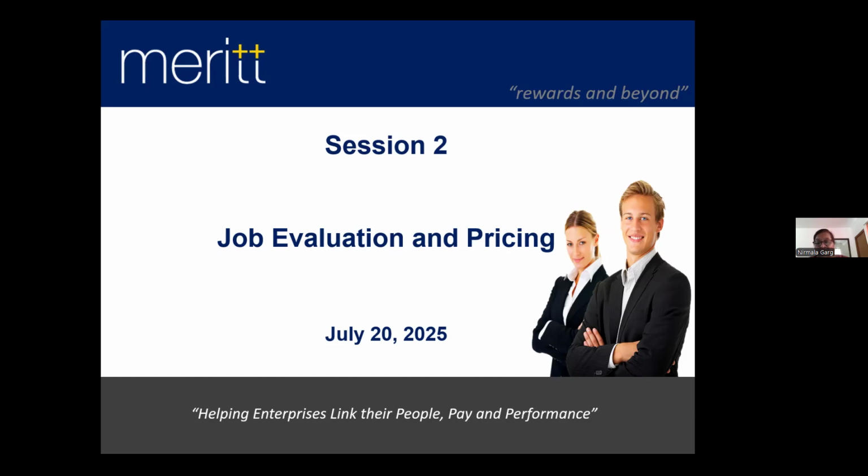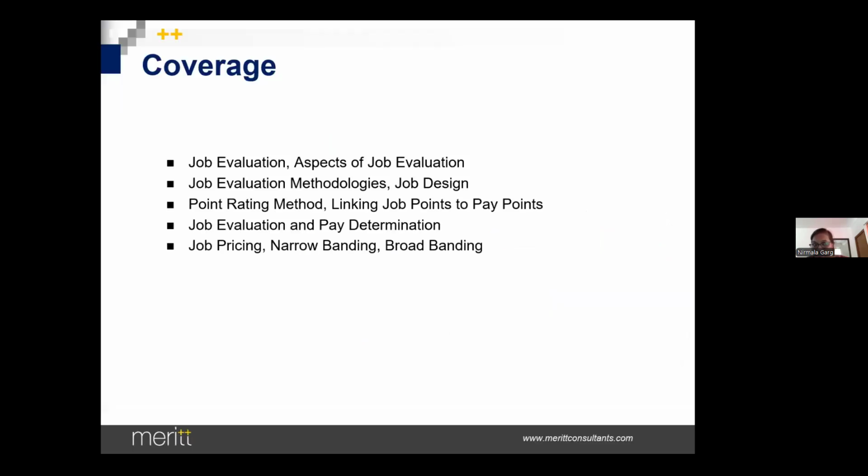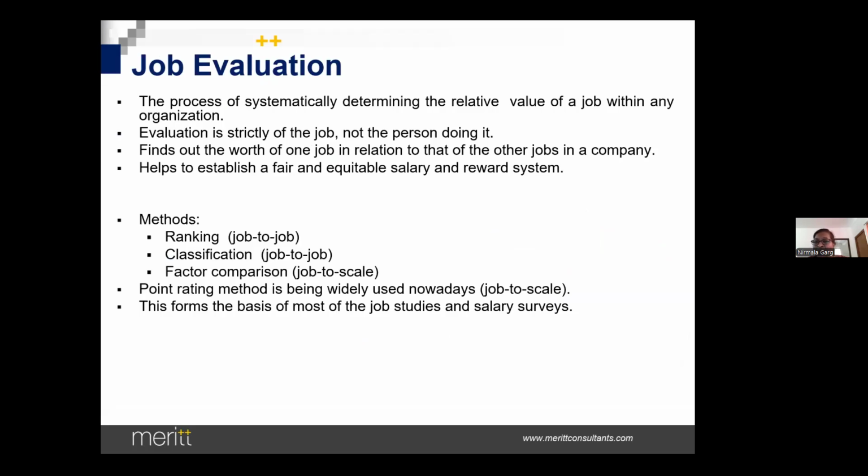So when we are talking about job evaluation, it is a systematic process of determining the relative worth, not absolute worth. Please understand, relative worth, not absolute worth, of the job.